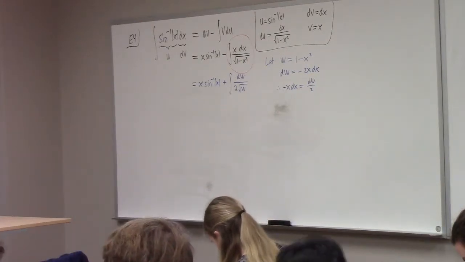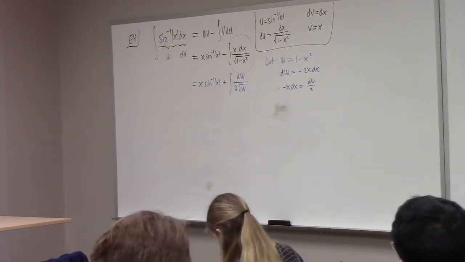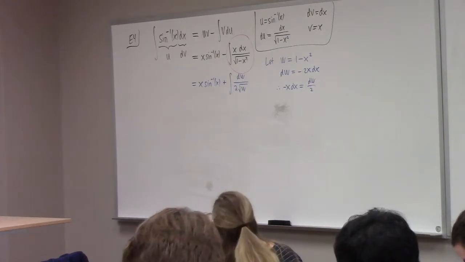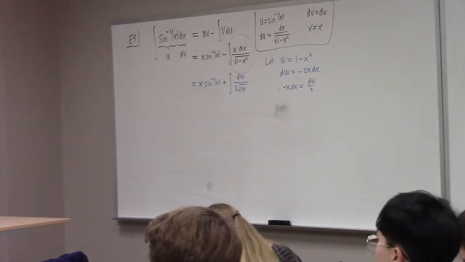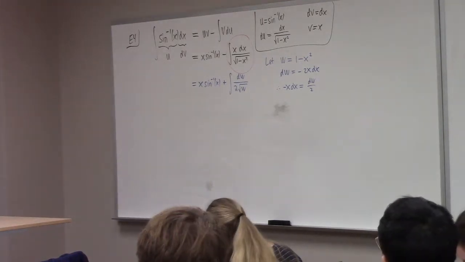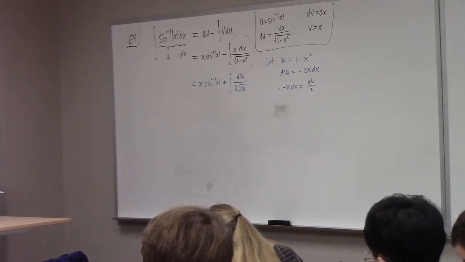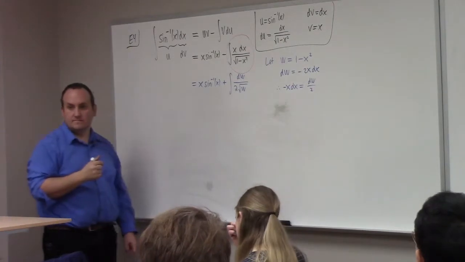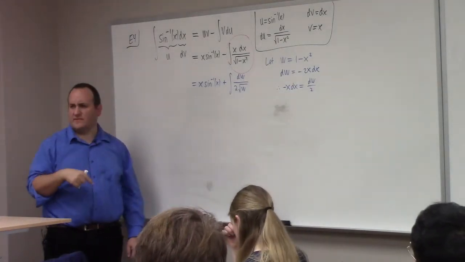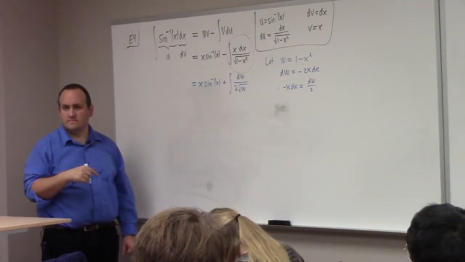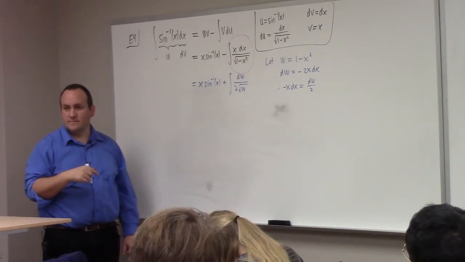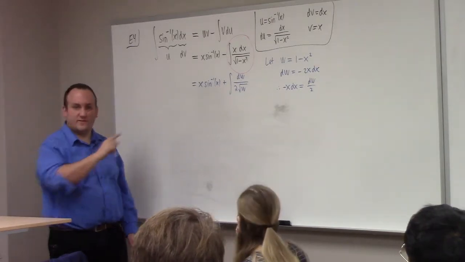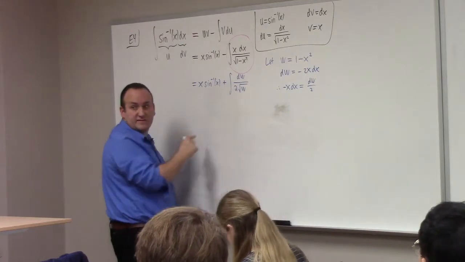I've got a minus, I've got an x, I've got a dx in the original expression, so exchange for dw over 2. We can do that, right? And what's the integral of 1 over the square root of w? 2 times the square root of w. What's the derivative of square root of w? Hey, it's 1 over 2 square root of w. So this anti-differentiates to root w.